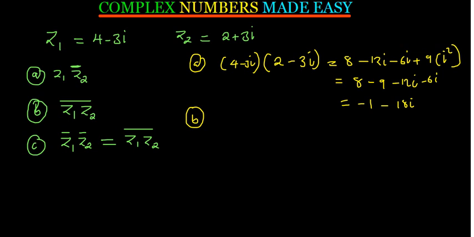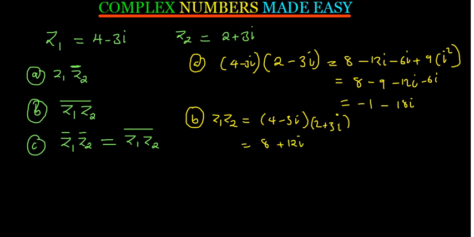So I'm going to get Z1 first, multiply with Z2. Okay? And that is going to give us Z1 is 4 minus 3i, Z2 is 2 plus 3i. Start crossing and multiplying. 4 times 2 is 8. 4 times 3i is 12i.